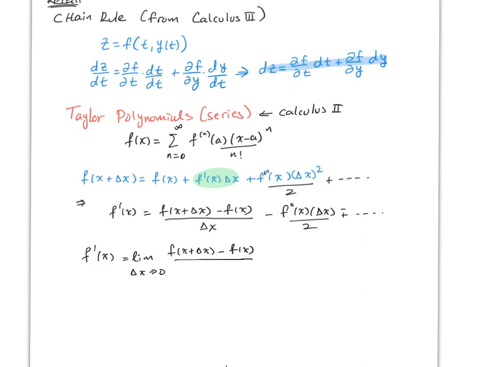Now this is the thing that is very important, that it doesn't happen in the stochastic calculus. As delta x goes to 0, all of this goes to 0. So this part, all of this goes to 0.